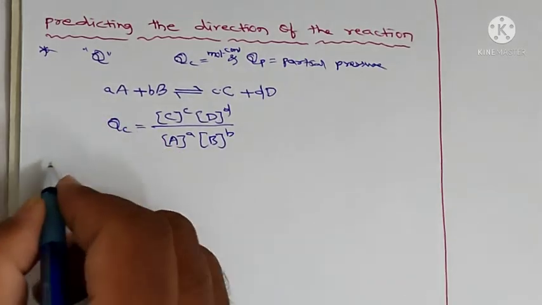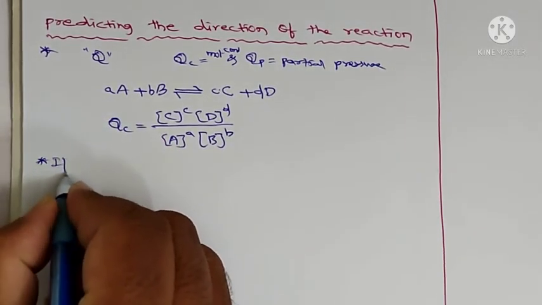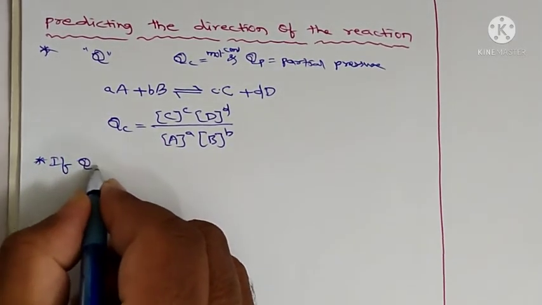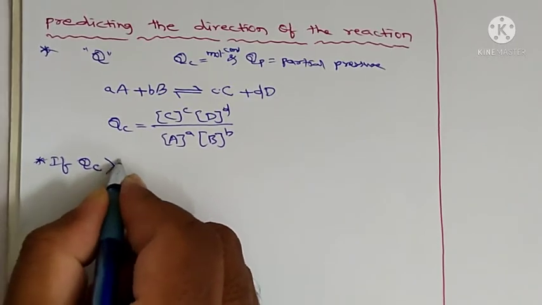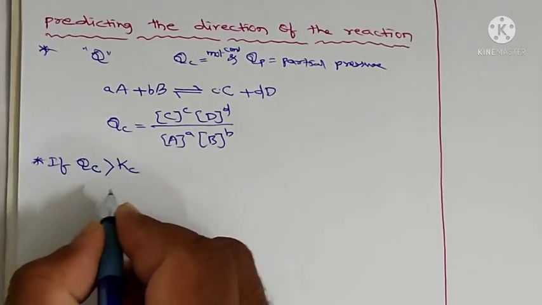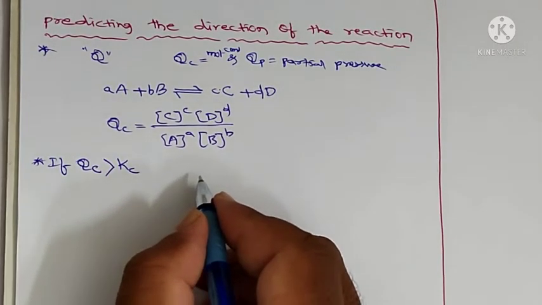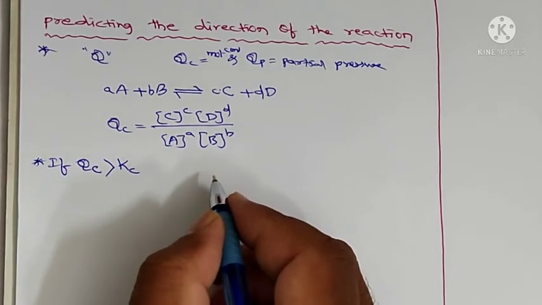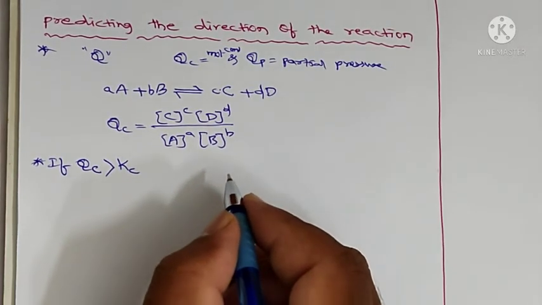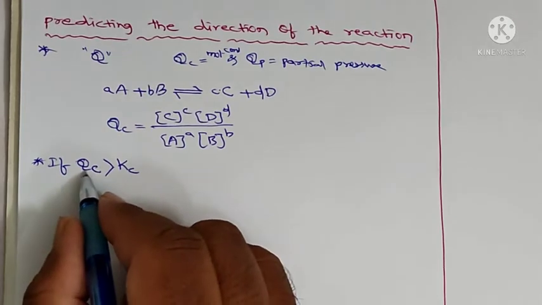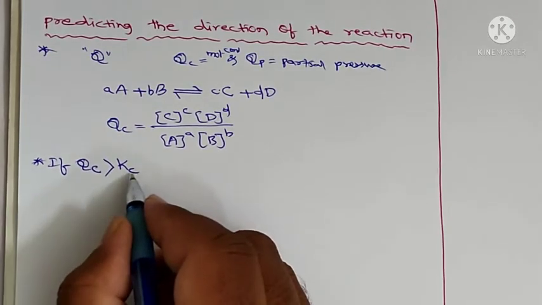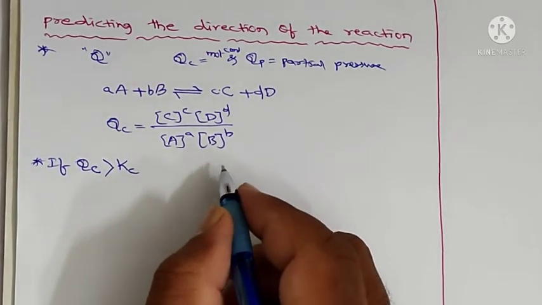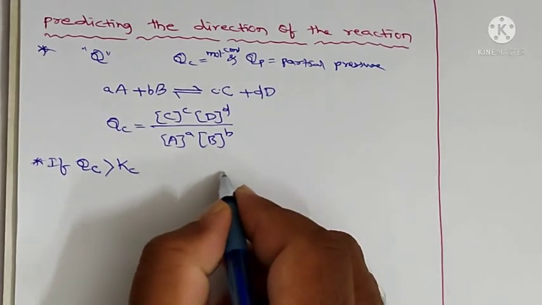In this reaction, if Qc is greater than Kc, the reaction will proceed towards reactants until it attains equilibrium.